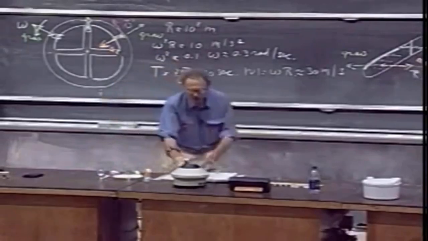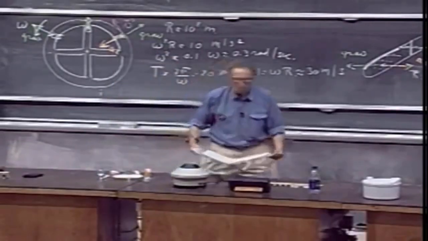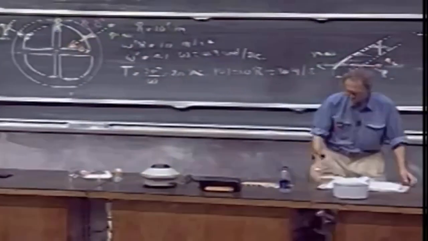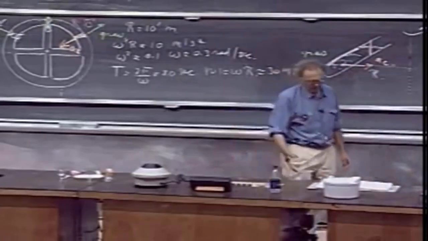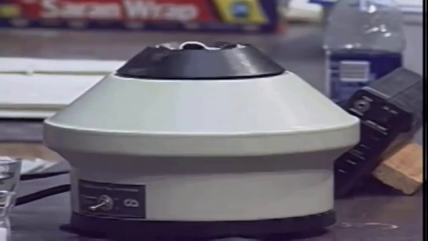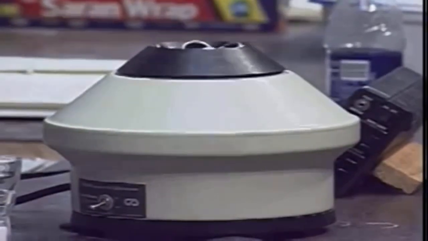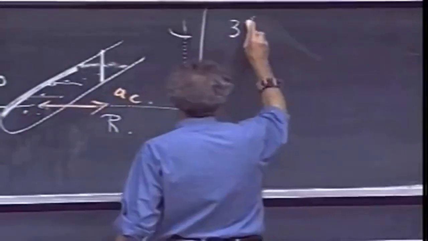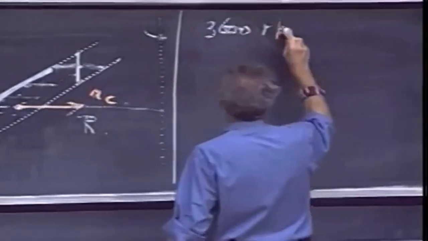Here we have a household, simple, nothing special centrifuge that is used in any laboratory. The centrifuge that we have has 3600 RPM.